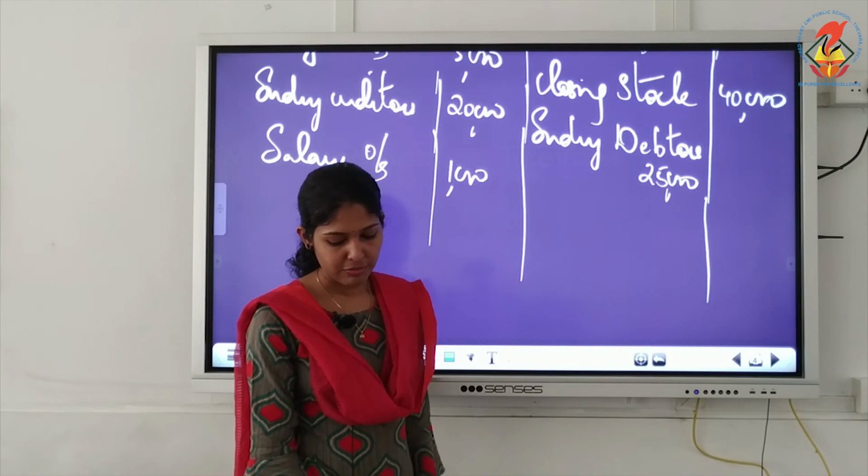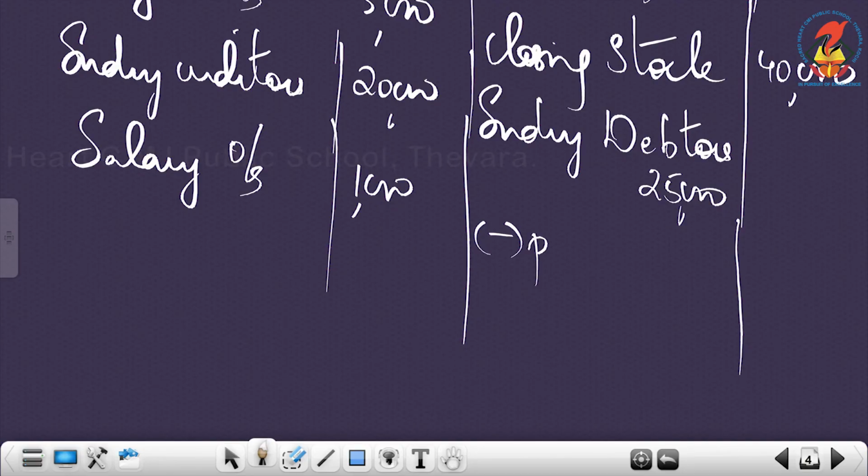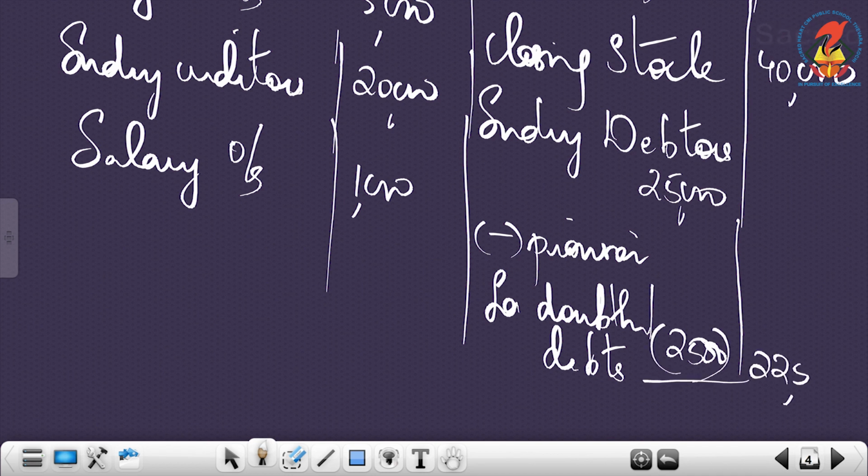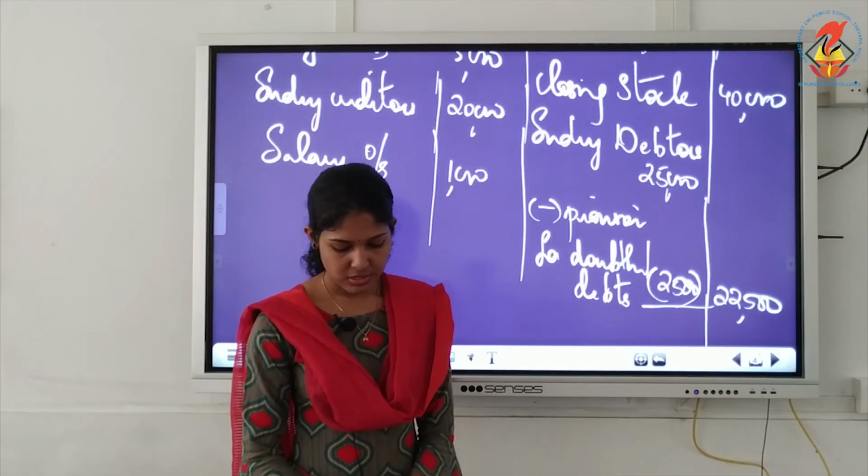Sundry debtors 25,000 less we have a provision for bad debts or doubtful debts, both are same. So provision for doubtful debts, already we have computed the figure in the P&L. So it is 22,500.